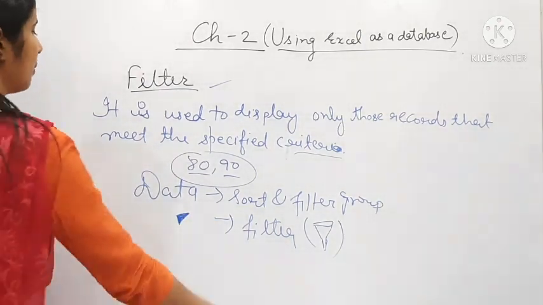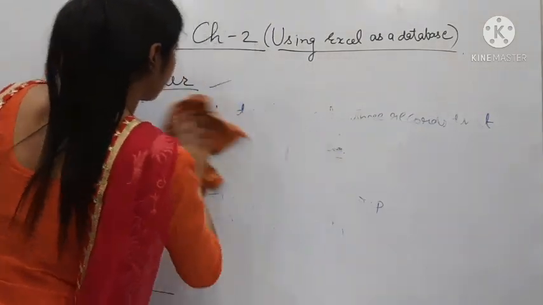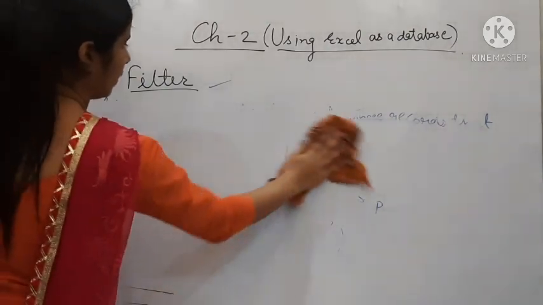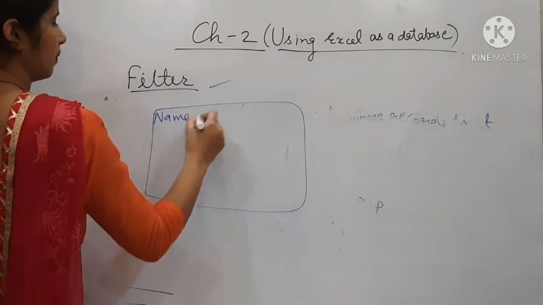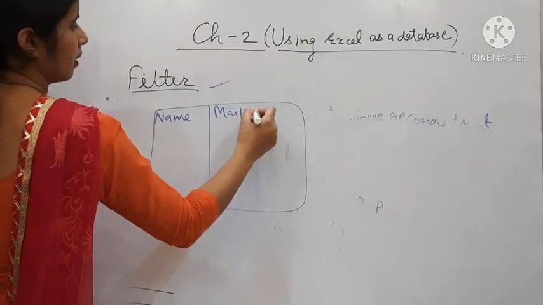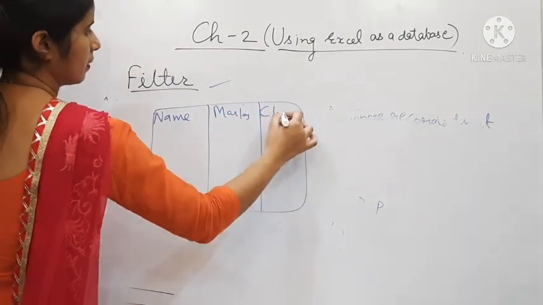Okay, like I'm writing. This is the column. Suppose I have written here Name. I have written here Marks. Okay. Here I have written Class.